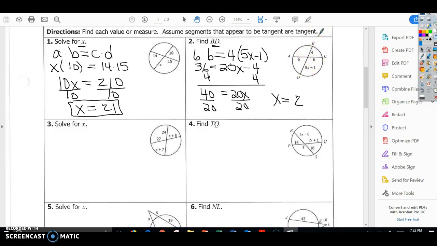So to find BD, we're going to have 5 times x, which is 2 now, minus 1, and then plus 4. So we've got 10, minus 1 is 9, 9 plus 4 is 13. So 13 is our answer. So BD equals 13. Okay?